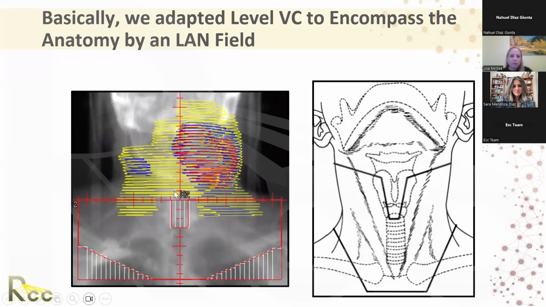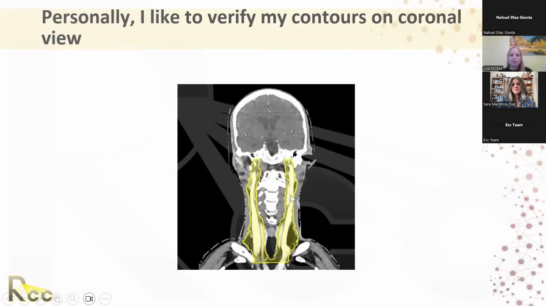If you have done a lot of 2D planning and a lot of these LANs, I think it's useful when you're done with your contouring to go back and look at your contours on a coronal image set to see if what you have contoured in the low neck is coming out laterally enough that it makes sense with what would have been covered if you were putting an LAN field on this patient.